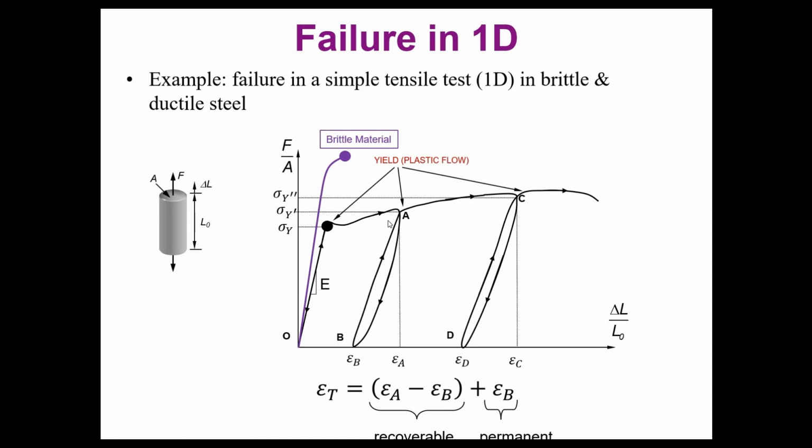But we define the failure in civil engineering and in structures when you reach the initial elastic strength of the material, because we don't want to see permanent deformation in our structures. This is something that is not good for us, and for practical reasons, we define that the failure is at this point and not at the end of this curve for the ductile material.